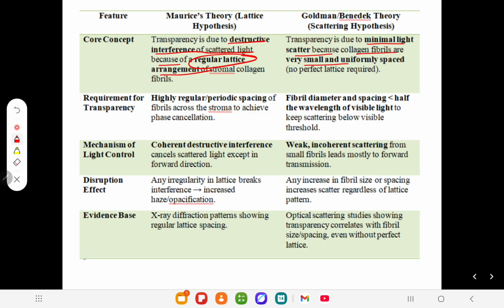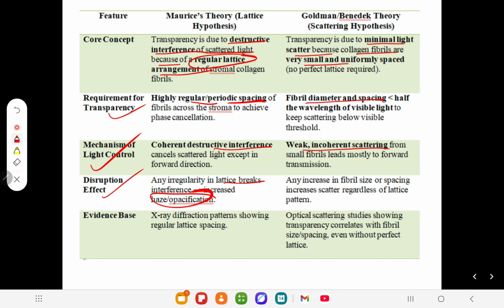The requirement for transparency according to Maurice theory is highly regular or periodic spacing. For Goldman, the fibril diameter and spacing should be half of the wavelength of the light. The mechanism of light control is coherent destructive interference in Maurice theory, which is weak incoherent scattering in Goldman. The disruptive effect is that any irregularity in the lattice will create haze and opacity.